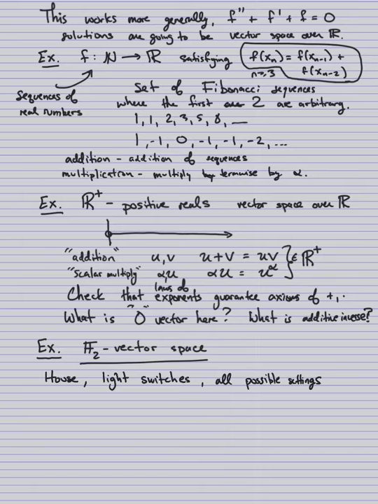You might have 10 different light switches, and they can be in various settings. You could have this one on, this one off, and so on. So you get 2 to the 10th possibilities here. So 2 to the number of light switches, that's the cardinality.